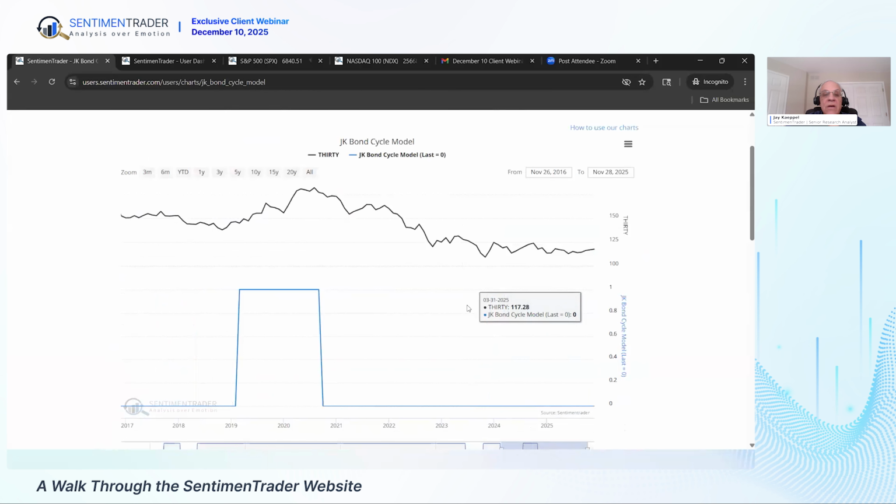If we zoom in on the last 10 years, we got a buy signal in 2019, the 30-year Treasury was trading at 145. And then by the time it gave a sell signal, it was 176. And it's been bearish ever since, and treasuries are trading at 117. So keep an eye on that one, that's a weekly indicator.